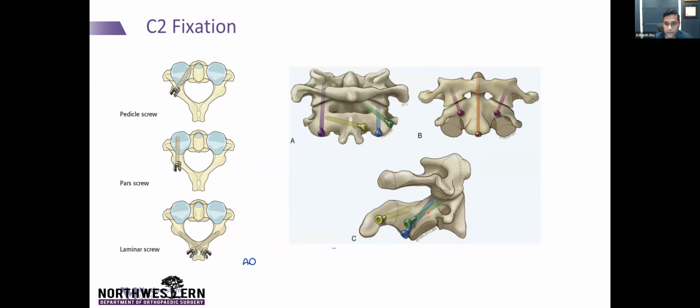So remember, this is very different from C1, which is like a ring, no body. Here there's a vertebral body and this long isthmus, or the pars. So we can use this pars to our advantage for fixation, this long tract, and then there's also the pedicle here. The green shows a pedicle screw tract, blue shows a pars screw tract, and the yellow shows the laminar tract. This purple is the transarticular screw that we talked about earlier.